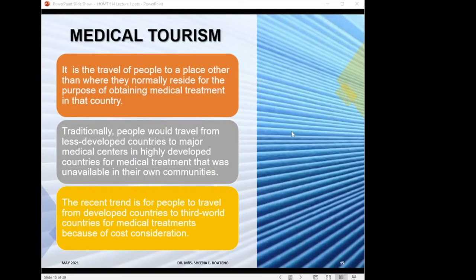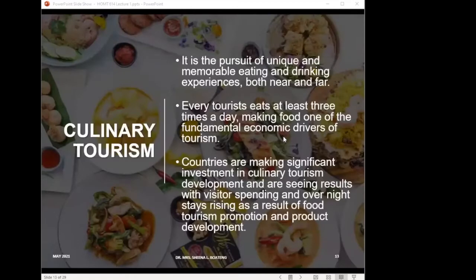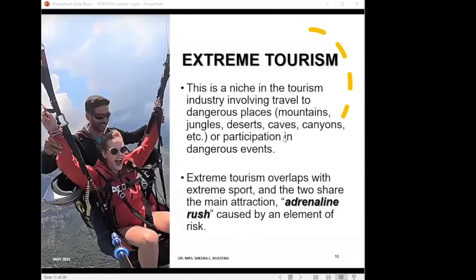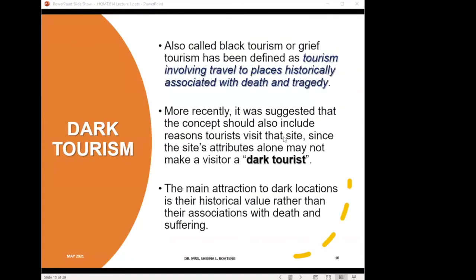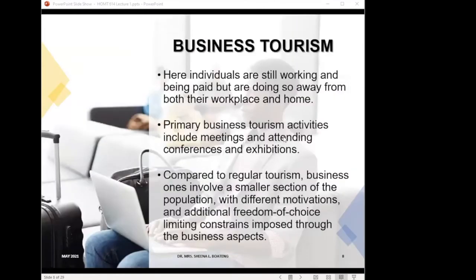So based on that, as a strategist in this sector, you know that all these different types of tourism we've discussed: medical tourism, religious tourism, culinary tourism, educational tourism, extreme tourism, dark tourism, ecotourism, business tourism, among all the other myriad ones we have not discussed, present huge opportunities for you as an actor in the sector.